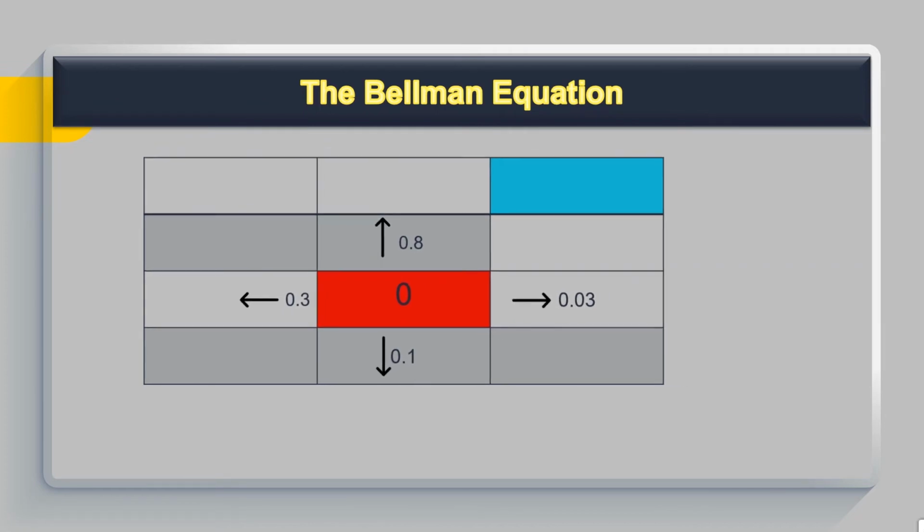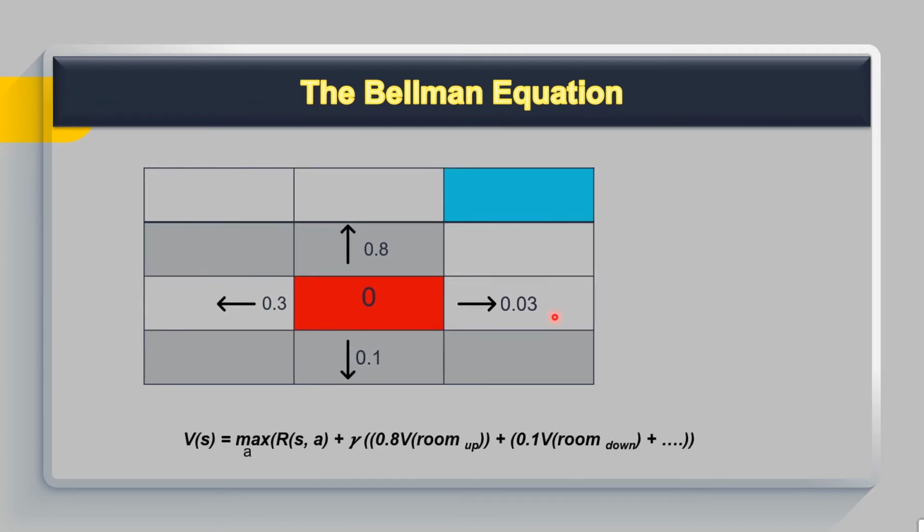Now if you put all the required values in our equation, we get V(s) equal to the maximum of R(s, a) plus gamma of 0.8 into V(room up) plus 0.1 into V(room down) plus 0.03 into V(room left) plus 0.03 into V(room right).